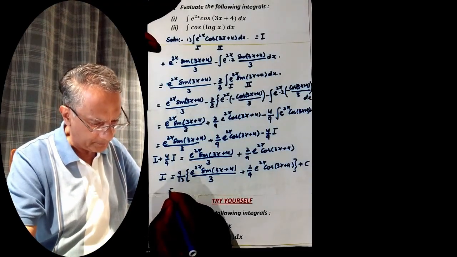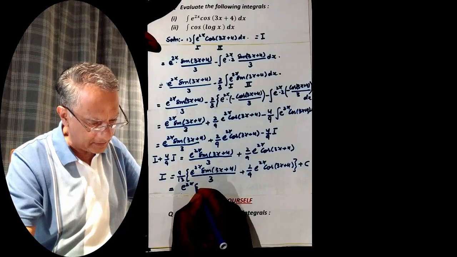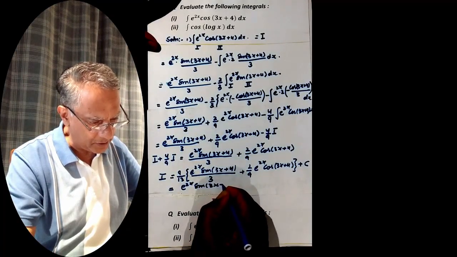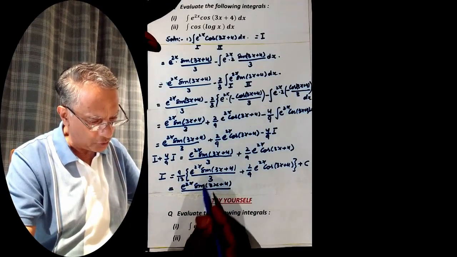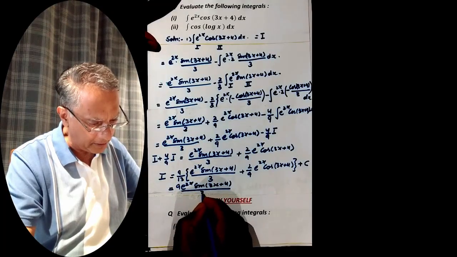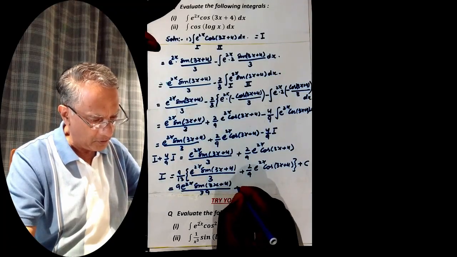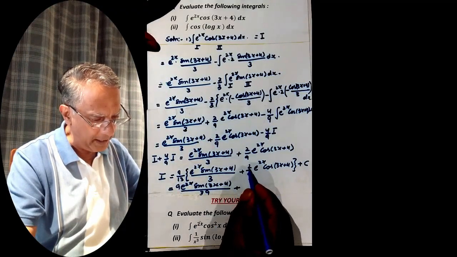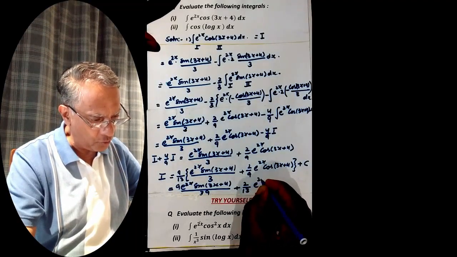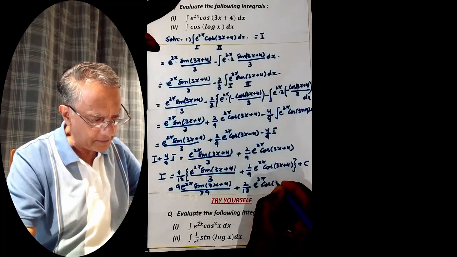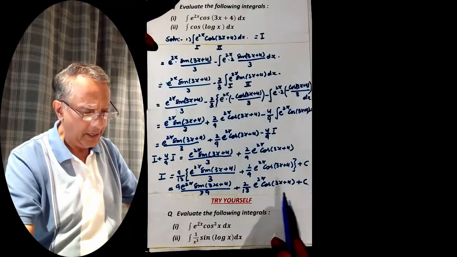And this is equal to e to the power of 2x sin(3x + 4) divided by 13, 3 nines are 27, so this will be 9 over 39, that is 3 over 13, plus, opening this bracket, 9 nines cancel, we have 2 by 13. So this will be 2 by 13 e to the power of 2x cos(3x + 4), plus c. So this is the answer.